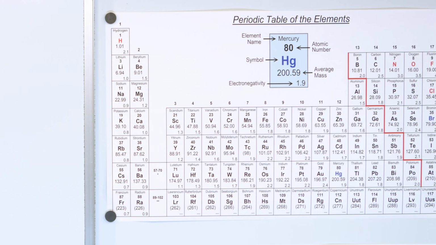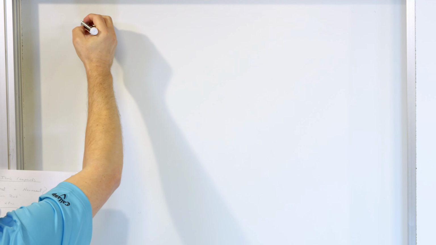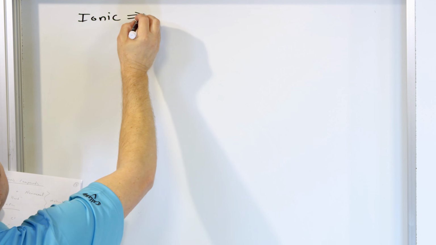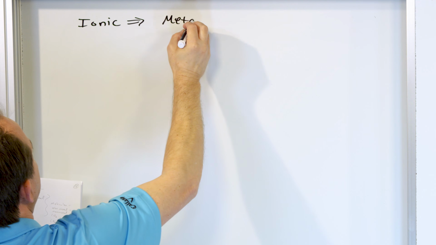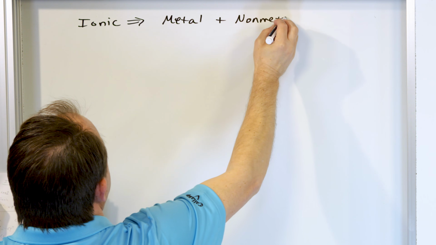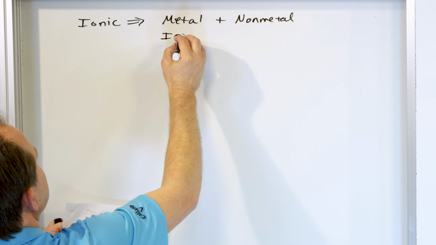So what we basically have said is that for ionic bonds or ionic compounds, what you have is a metal, which is on the left of the table, plus a non-metal. We're going to learn in a second that this is called an ionic bond that forms.